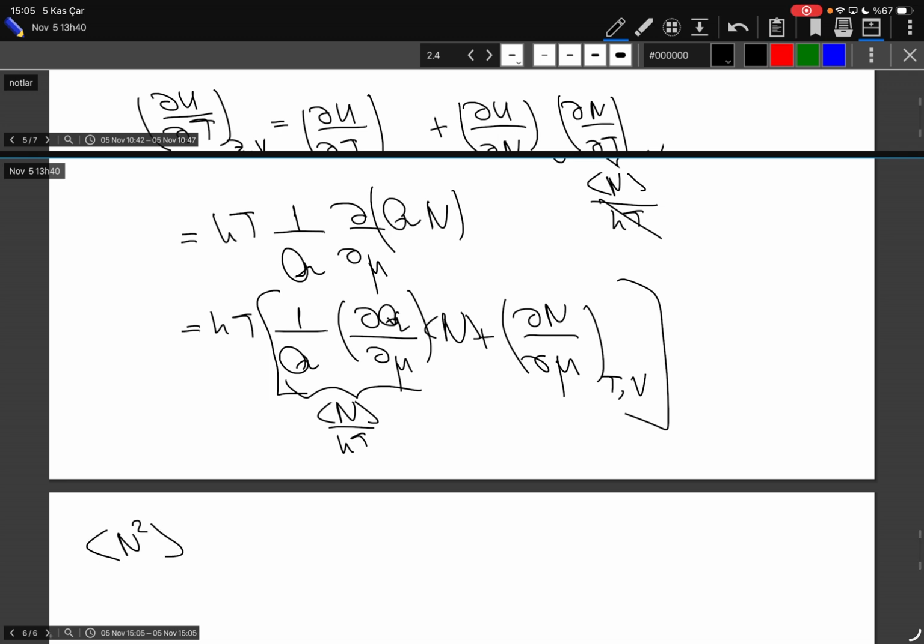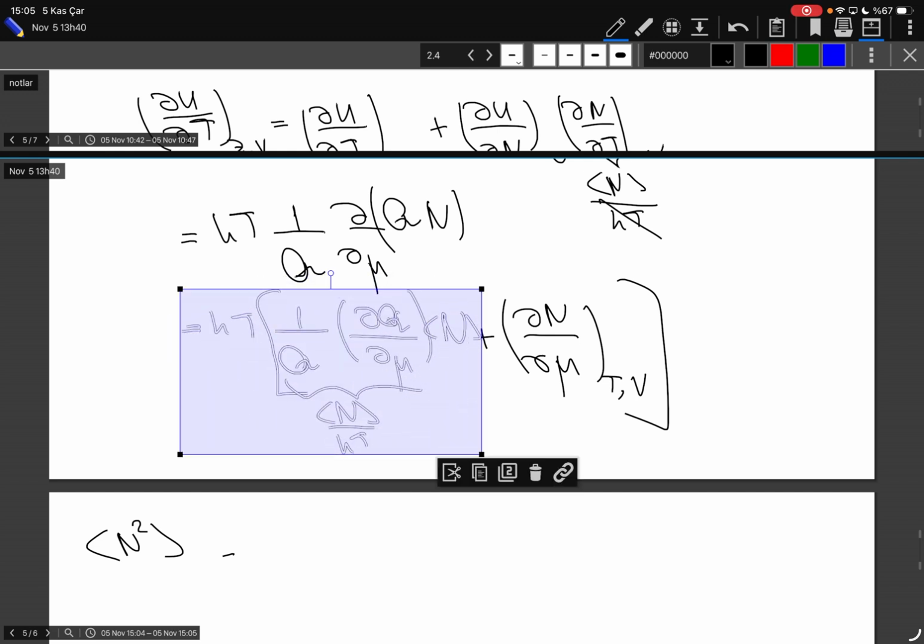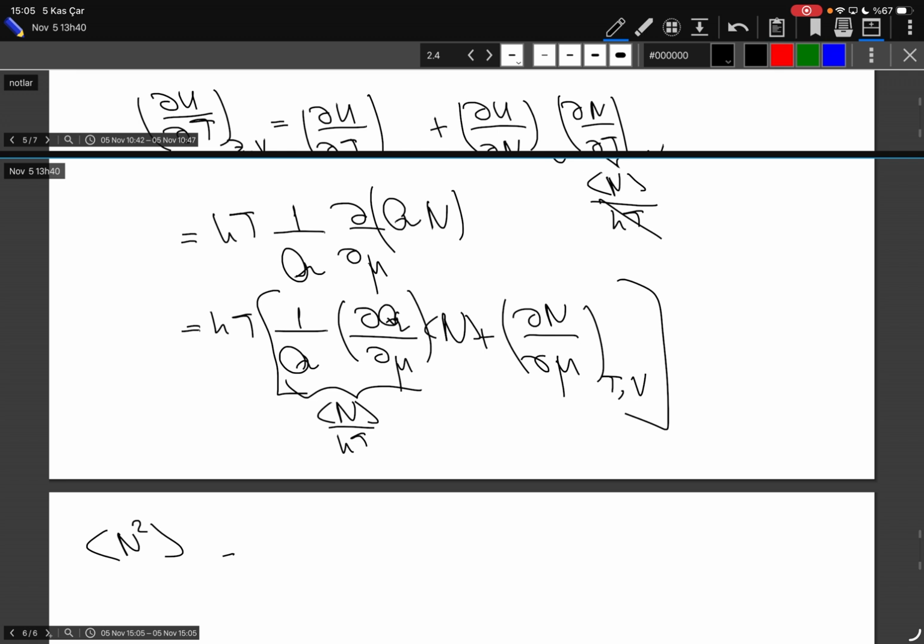N squared average is now, well, the first term, this one, well, the kT's cancel. What I'm left with is just n average squared, plus kT times the derivative of n by mu at a given temperature and volume.